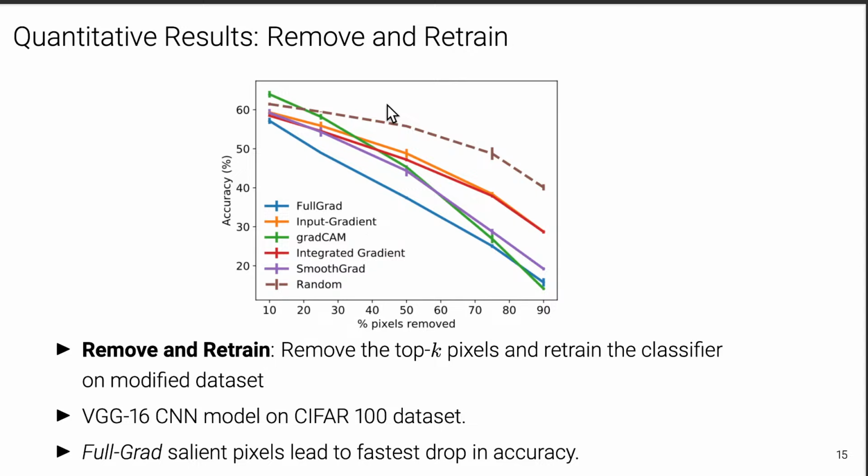When we retrain the classifier based on these top k pixel removals, the classifier should have a lower accuracy depending on the number of pixels removed.